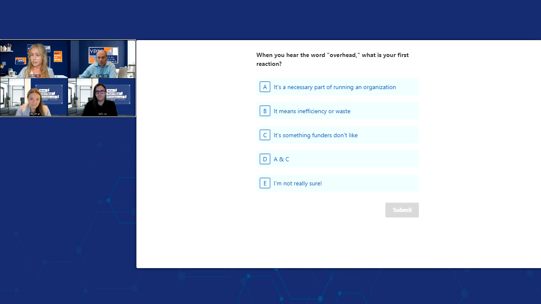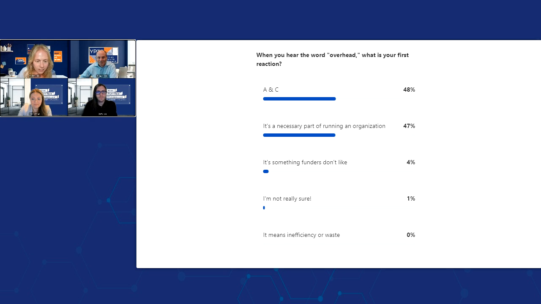I'm seeing the different terminology already in the chat, the different perspectives on, or even just terminology used for this concept. So I'm going to go ahead and advance the slide. And it looks like many people, in fact, the majority of people think it's both a necessary part of running an organization and something that funders don't like, which I understand.